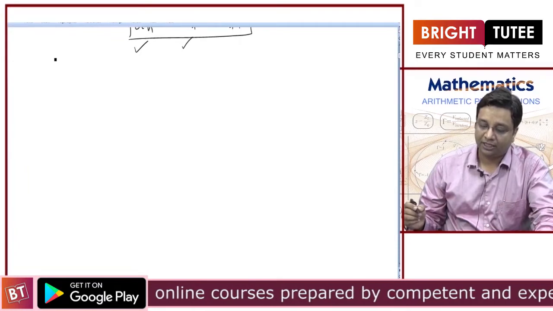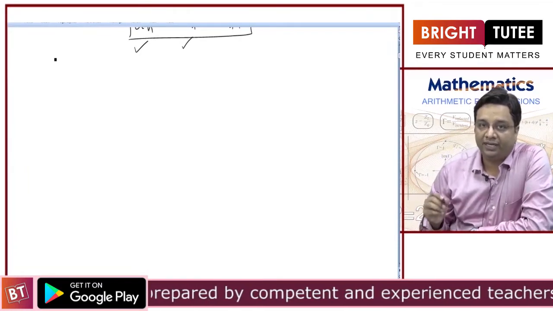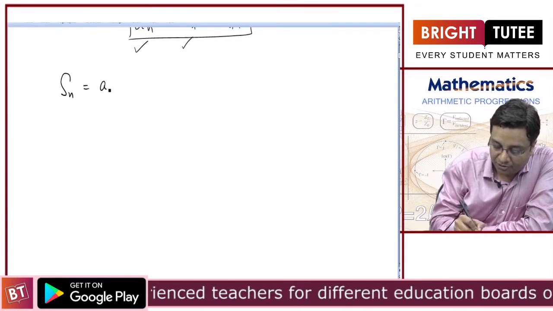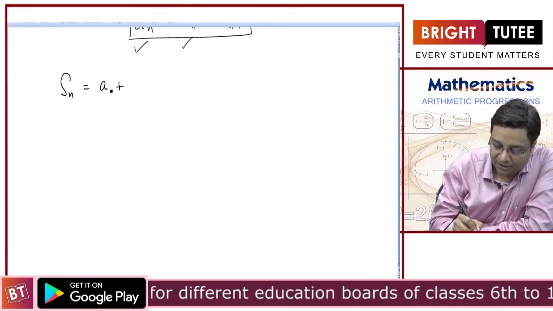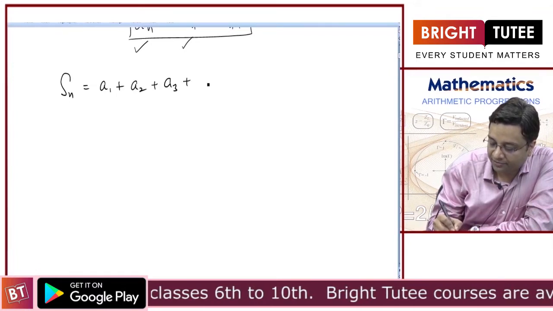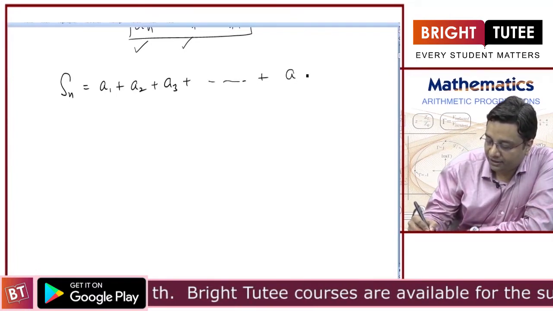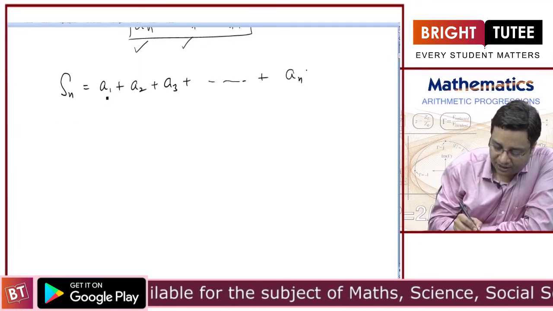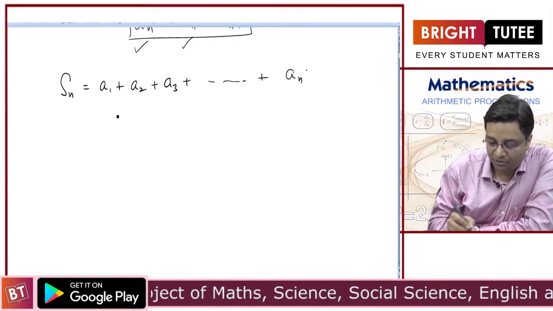So let us first of all calculate the sum of n terms of an AP. Sn is equal to a1 plus a2 plus a3 plus up to an, right? Now what did we learn about a1, a2, a3?